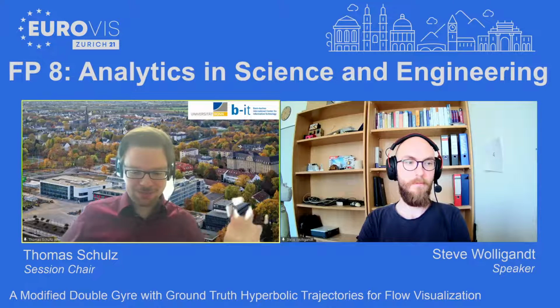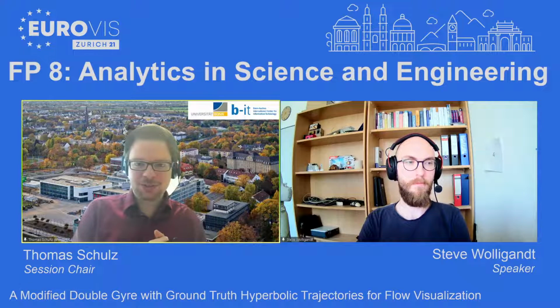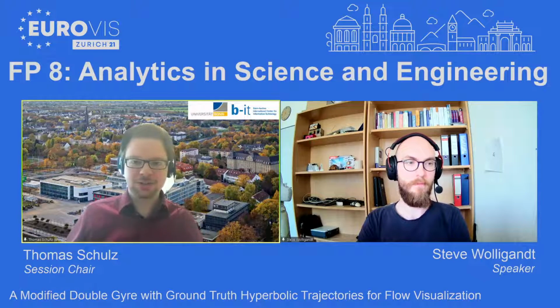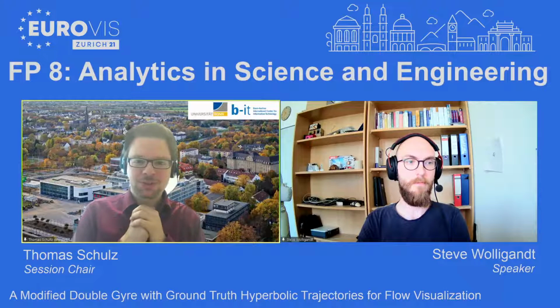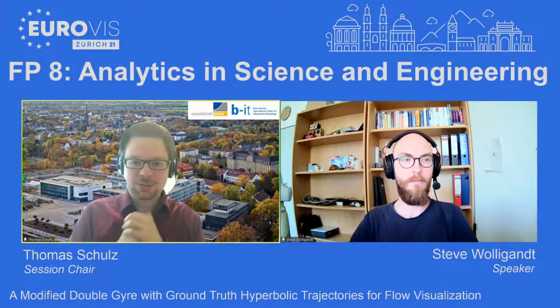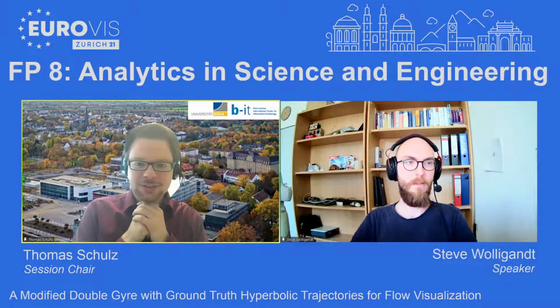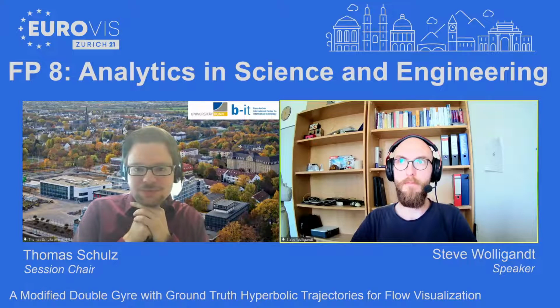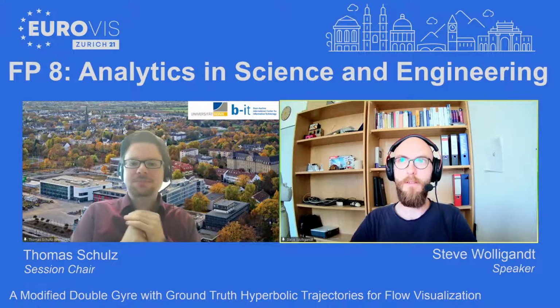Since I'm not that familiar with the field, you mentioned that this double gyre that you're refining has 3 parameters. Can you give me a brief intuition what these user steerable parameters do? I have to think.